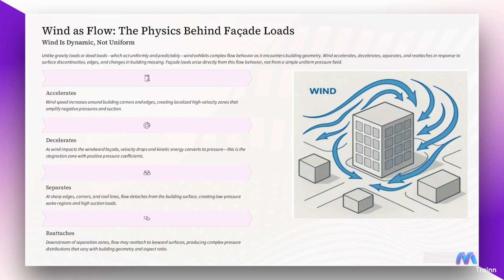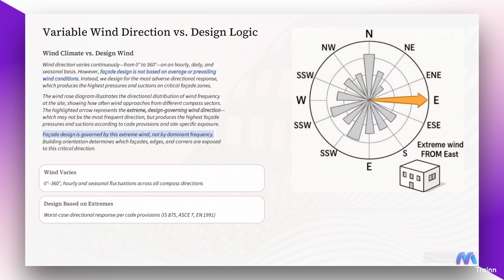Separates: at sharp edges, corners, and roof lines, flow detaches from the building surface, creating low-pressure wake regions and high suction loads. Reattaches: downstream of separation zones, flow may reattach to leeward surfaces, producing complex pressure distributions that vary with building geometry and aspect ratio.